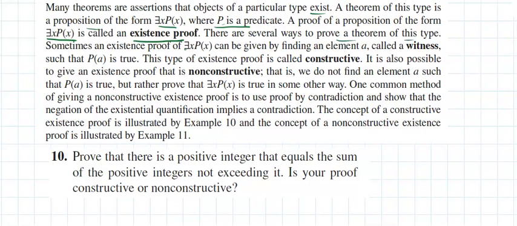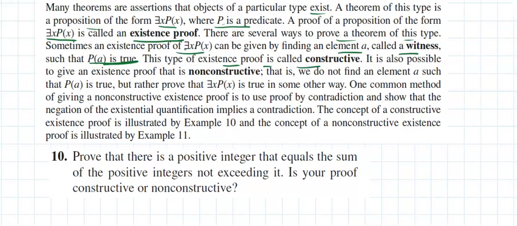Sometimes the existence proof of there exists an x such that P of x can be given by finding an element a, called a witness, such that P of a is true. This type of existence proof is called constructive.